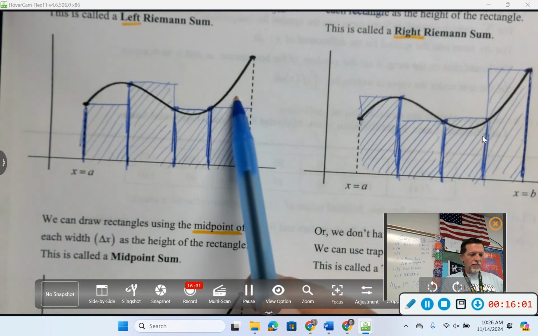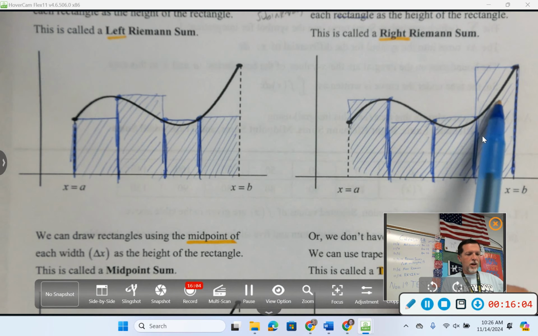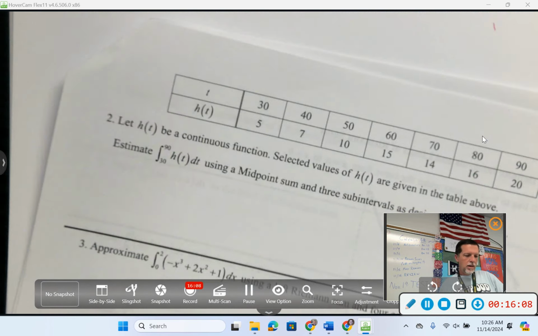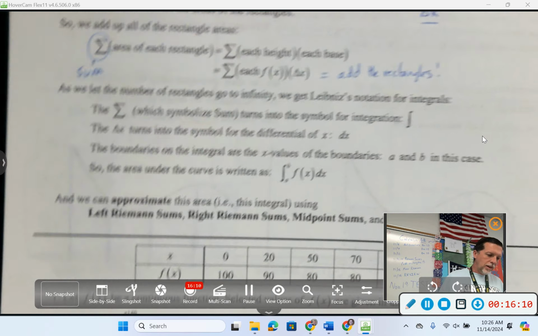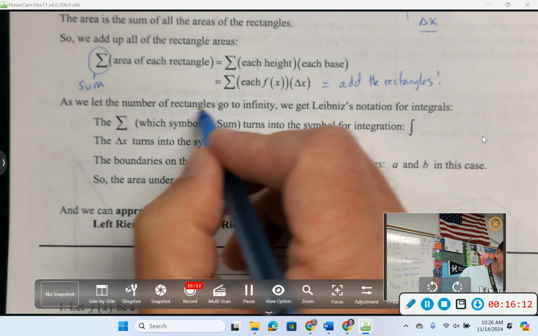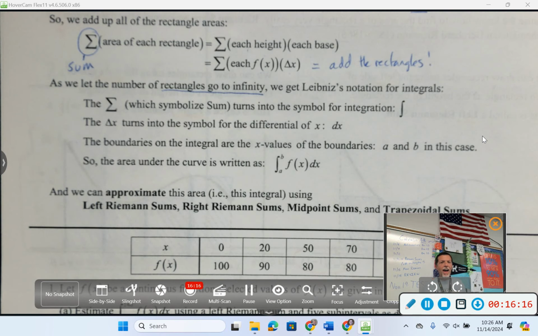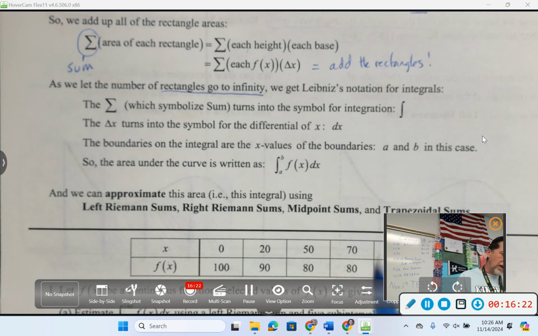Right? Because then you wouldn't have these big gaps like there or there. If I had 100 rectangles in there, it'd be pretty accurate. Well, if you wanted it to be really accurate, if your rectangles went to infinity, you'd have exactly the right area. Now that's a calculus thing, because that's a limit as x goes to infinity.